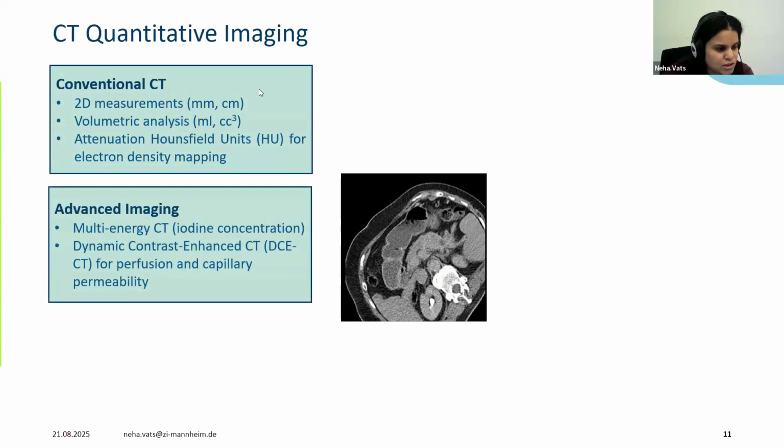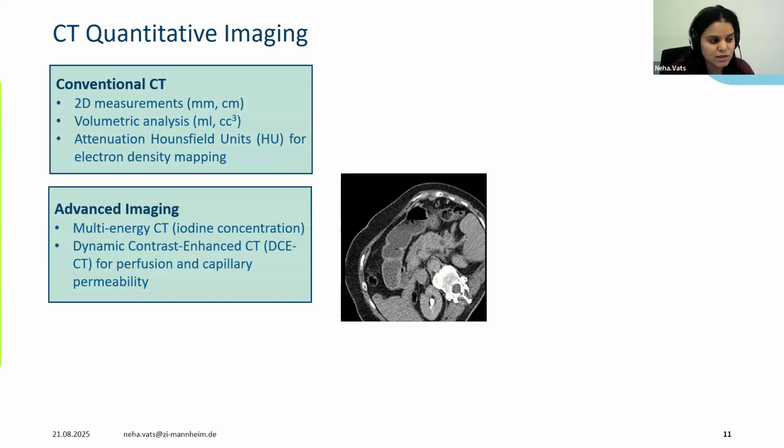For example, if you just look at a CT image, a radiologist, by looking at it, has to tell, okay, this tissue looks dark, this tissue looks bright. They compare it with the normal tissue, the normal CT image, and based on that, they say that there is a lesion, there is a tumor, or there is anything else. And it will vary from radiologist to radiologist and their experience also.